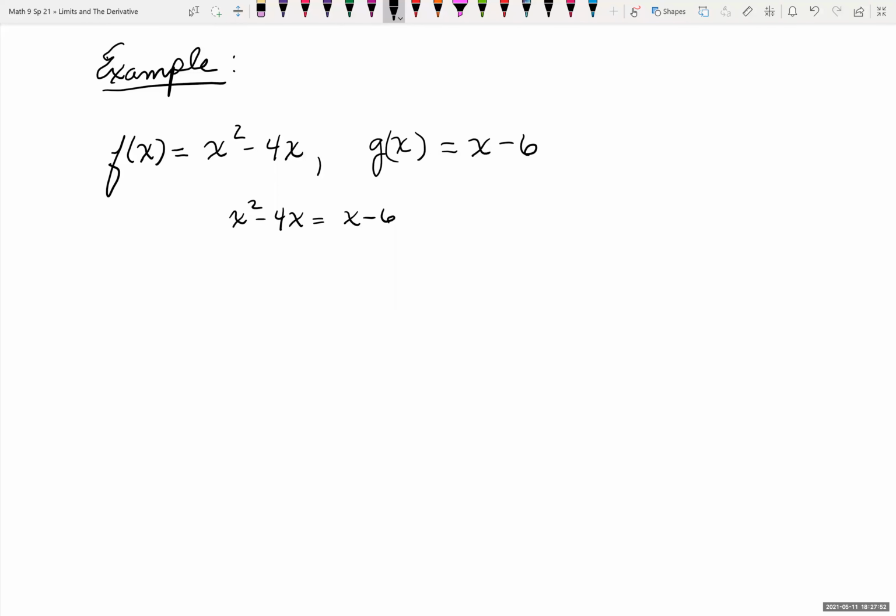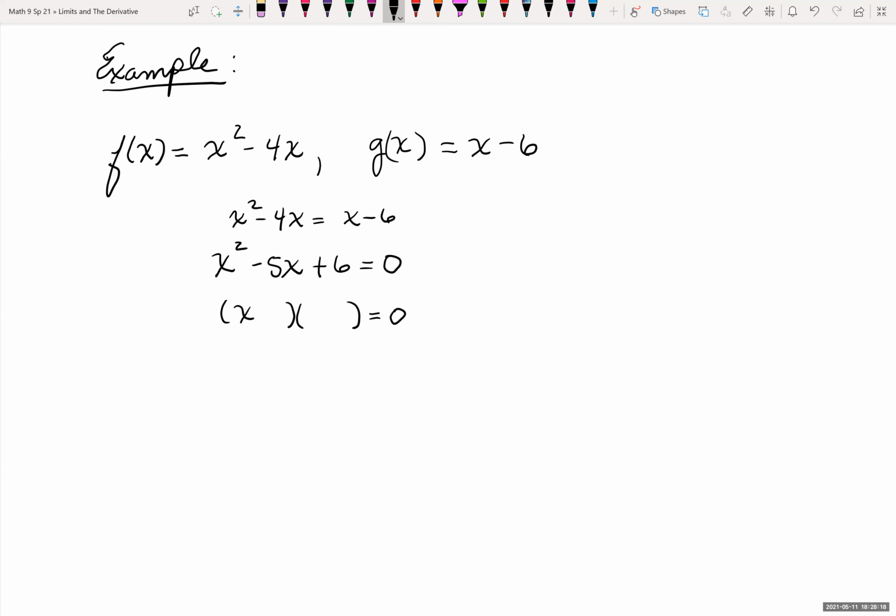So let's subtract x. So you get x squared minus 4x minus x is minus 5x. And then let's add 6 to both sides. So plus 6 equals 0. So first thing I would do with quadratics is see if I can factor it. There's no greatest common factor, but I do see that there are two numbers that multiply to 6 and add to -5. So this is factorable.